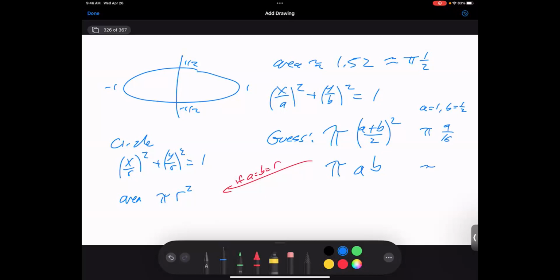And this would become pi times 1/2. And I'm going to write 1/2 as 8/16. So the two answers differ by 1/16.